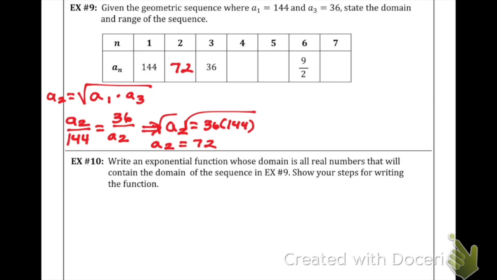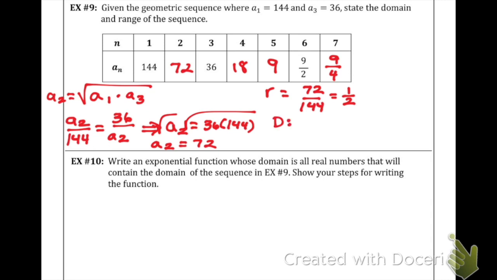So then how do I find our common ratio? Well, we'll just do 72 divided by 144, which gets us 1/2. So we're taking 1/2 each time. So half of 36 is 18, half of 18 is 9, half of 9 is 9/2. Half of 9/2 is 9/4.